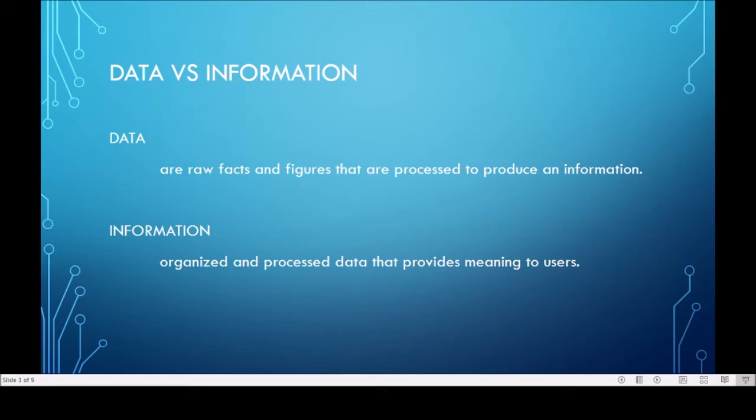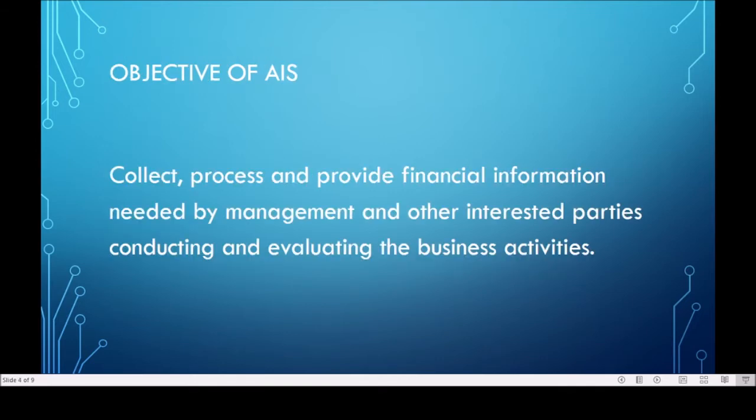So that is data and information. Okay? So in accounting information system, the output is the information while the inputs are the data. Okay? That's it.